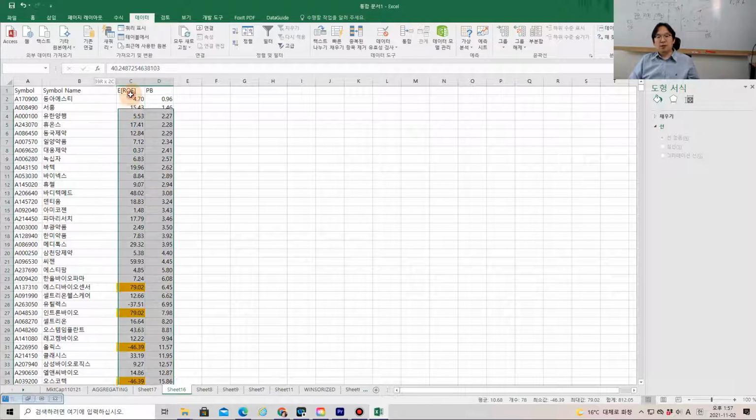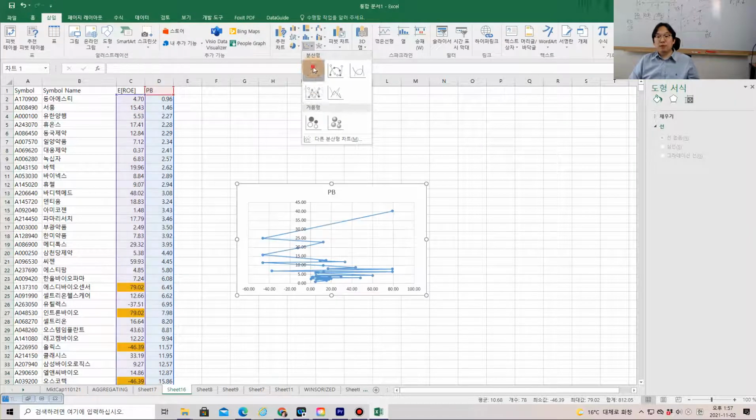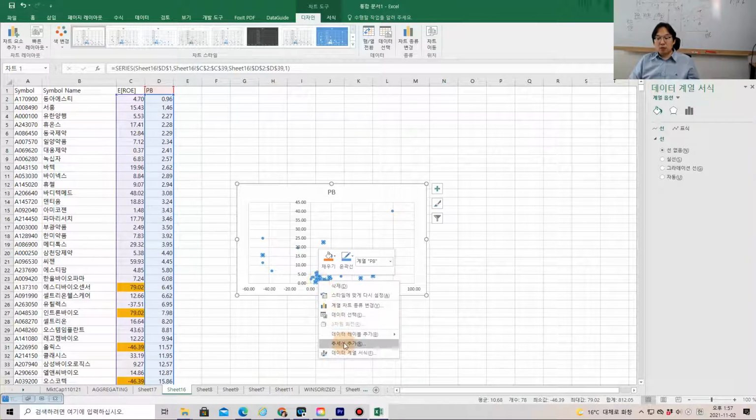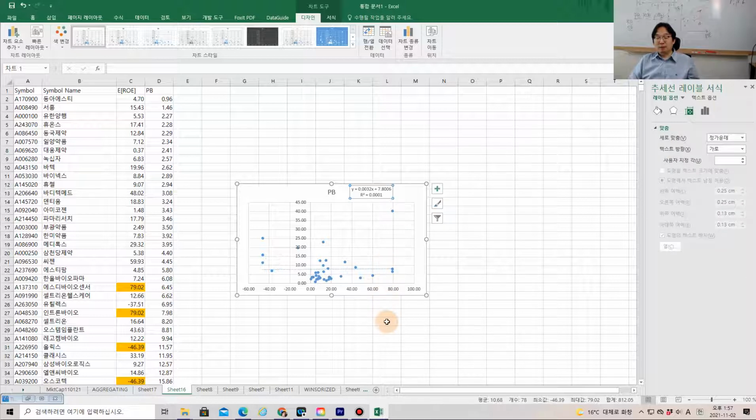Let's see. And then first round, let me see a scatter plot. Okay. Like this, and then add a trendline, like this. It's again something flat, boring.